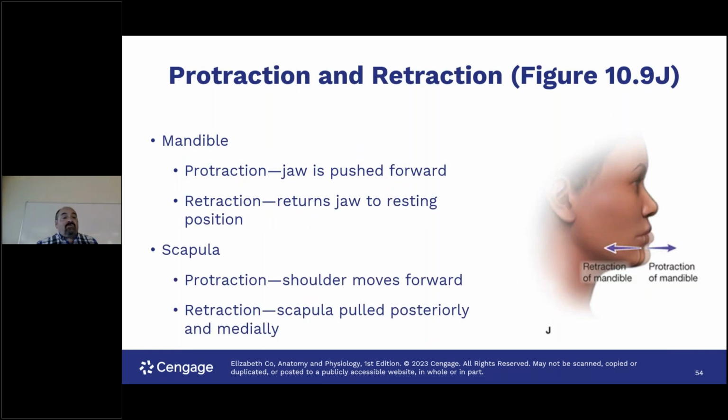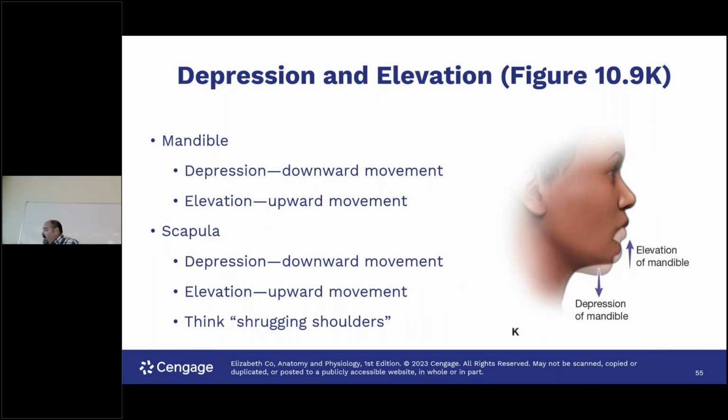To protract and retract. This can be for the mandible. It's easier to think about it with the mandible than it is with the scapula, but both can protract and retract. Now, how about depression and elevation? Mandible and scapula again. This one is easy though.